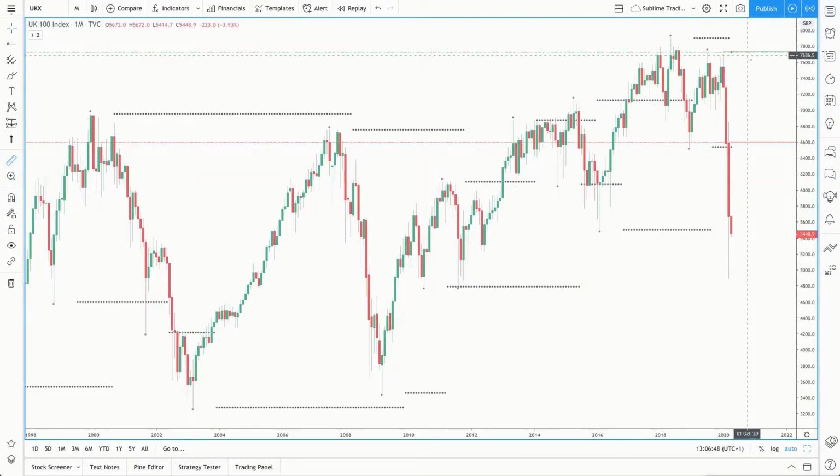If I click at the top there and then click down here at the bottom, we can see that at one point in March, price had dropped over 36%. Currently, price has weakened just under 30% since the start of the year. So that's significant weakness in price.